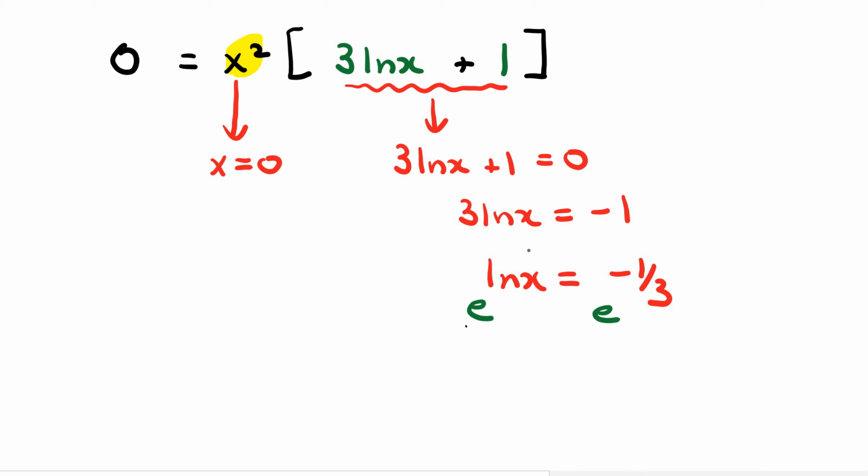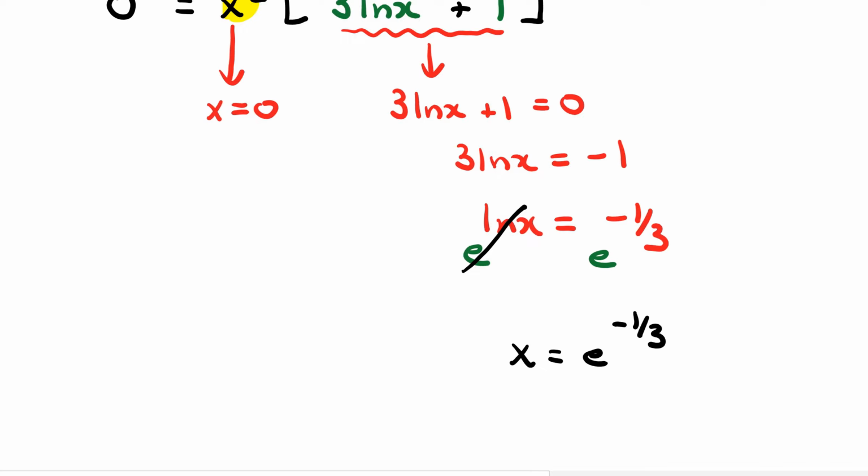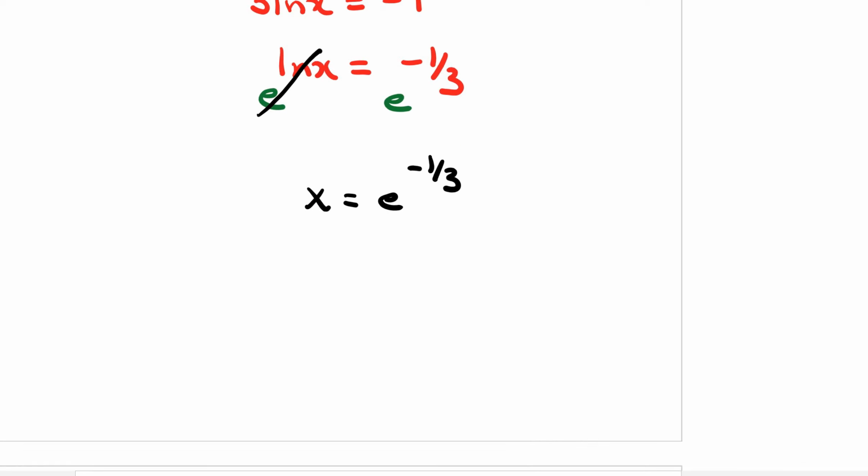If I do that, this will cancel off, and I have x equals e to the power negative 1/3. That's a weird one here. That's the same thing as 1 over e to the power of 1/3, and if you go to your calculator, this is roughly 0.7165. That's kind of an ugly number, but feel free to use a scientific calculator to approximate the value.